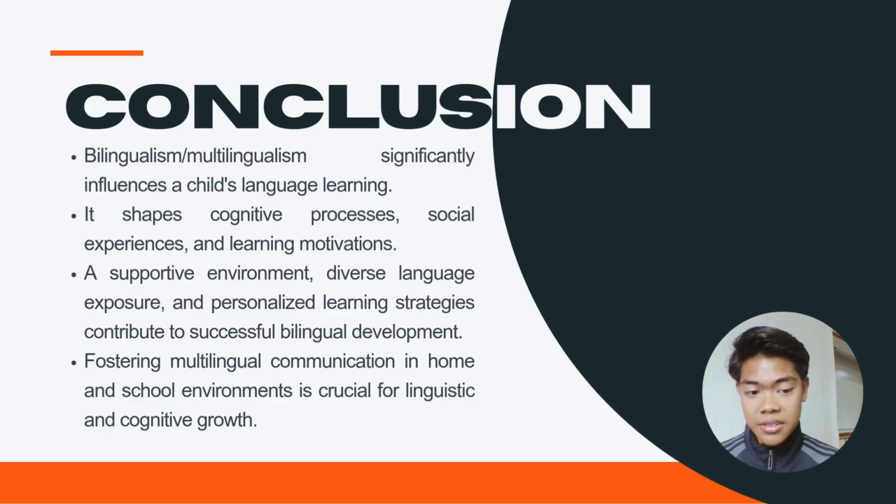The child's case reflects how a supportive environment, diverse language exposure, and even personalized learning strategies have contributed to successful bilingual development. Through these findings, it highlighted the importance of fostering both home and social environments that encourage multilingual communication to enhance overall linguistic and cognitive growth in children.